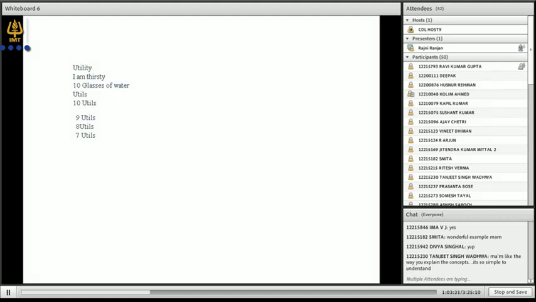That brings us closer to the law of demand, which says that on the x-axis it is the quantity and on the y-axis it is the price. So what is happening when the number of glasses is going up?